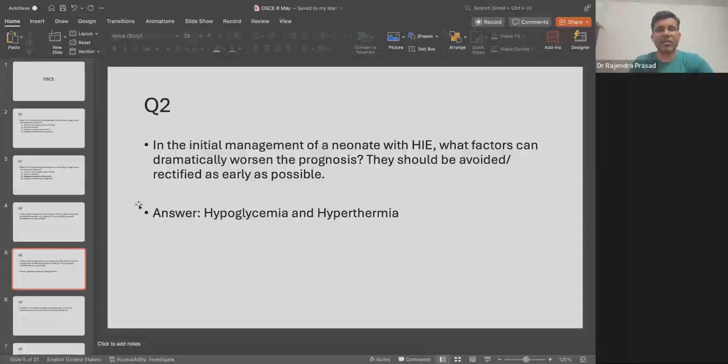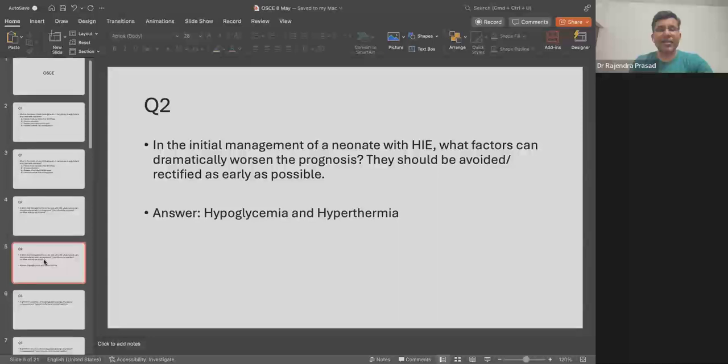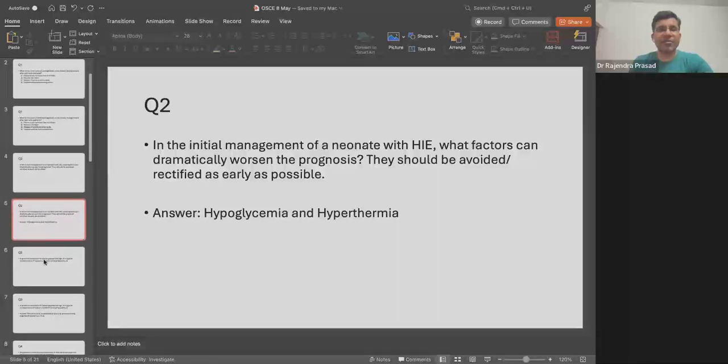If at all they are there, they can dramatically increase the, what will happen? Already there is primary energy failure. Already there is anaerobic metabolism. If there is hypoglycemia, there will be further depletion of ATP. If there is hyperthermia, there will be increase in basal metabolic rate. So both these can result in dramatic worsening of the brain necrosis, neuronal necrosis.